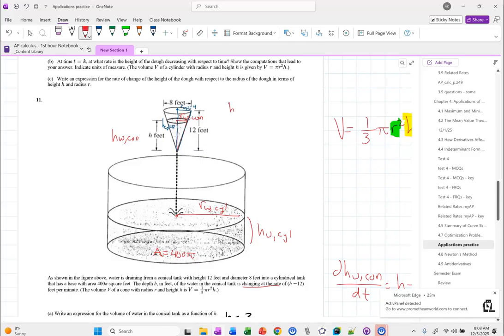So I can say height of cylinder over radius of cylinder is equal to the height of the water in the cone over, not cylinder, gosh dang it.